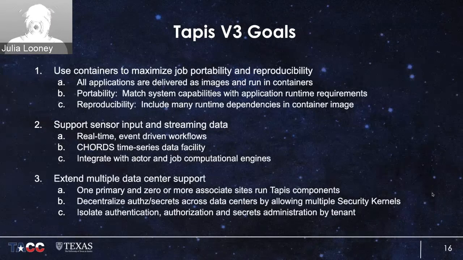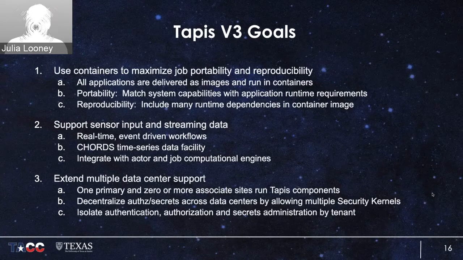And finally, we want to extend version 2 more properly to multiple data centers on multiple sites. So the idea is that we'll have one primary site in any given Tapas installation. Anybody can still run their own Tapas if they like, but in any given Tapas installation, you have one primary site and 0 or more associate sites to run Tapas components.